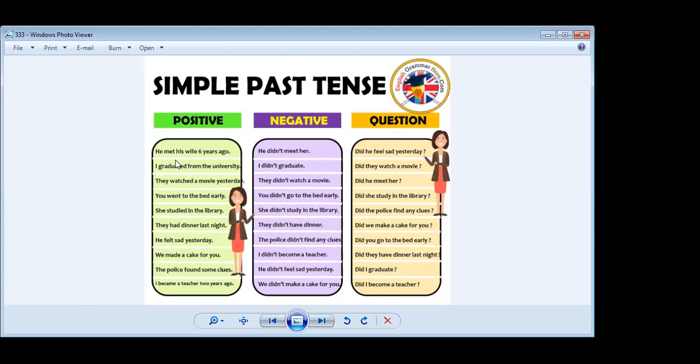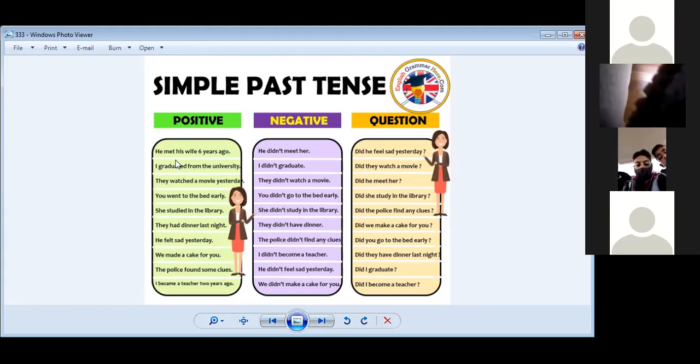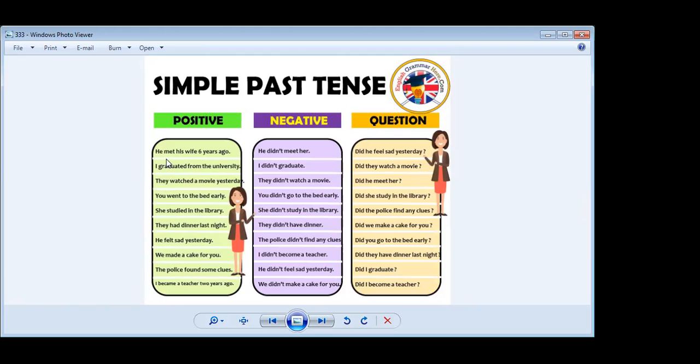But in the irregular we have to memorize them, God willing, during this semester, since a change happens to the form or pronunciation of the verb. In the regular form we add ed to the verb. In the irregular verb, we change some of the letters, we change the spelling, we change the pronunciation. We change the pronunciation, we change the writing, we swap the letters around. Okay, so to know more about the irregular verbs, we will memorize them during the semester.